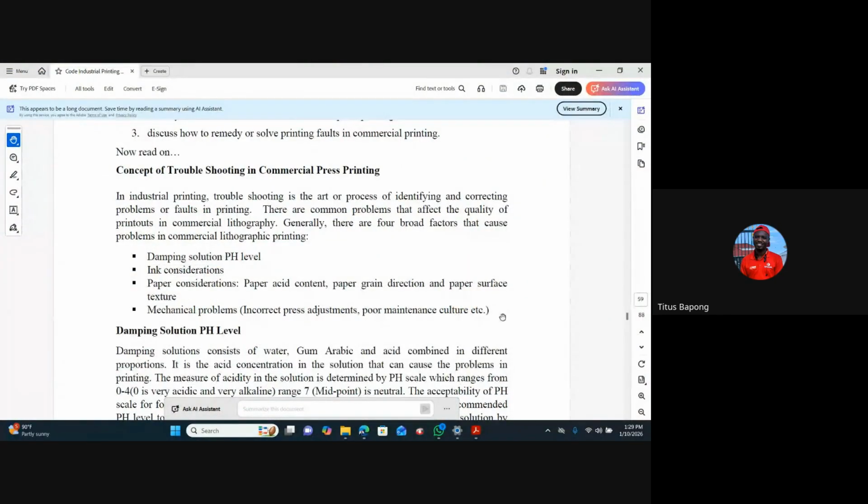In industrial printing, troubleshooting is the art or process of identifying and correcting problems or faults in printing. There are common problems that affect the quality of printouts in commercial lithography. Generally, there are four broad factors that cause problems in commercial lithographic printing.